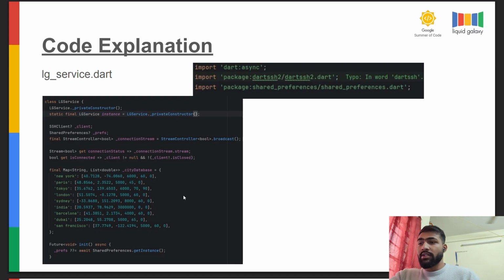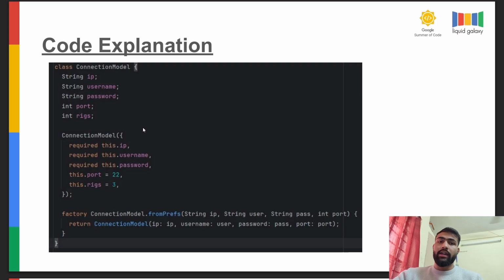Then we have the init function, which asynchronously initializes the shared preferences. Then to connect the LG rig and to also store the shared preferences, we are using the connection model, which stores IP, username and password as strings, and port number and rig number as integers.